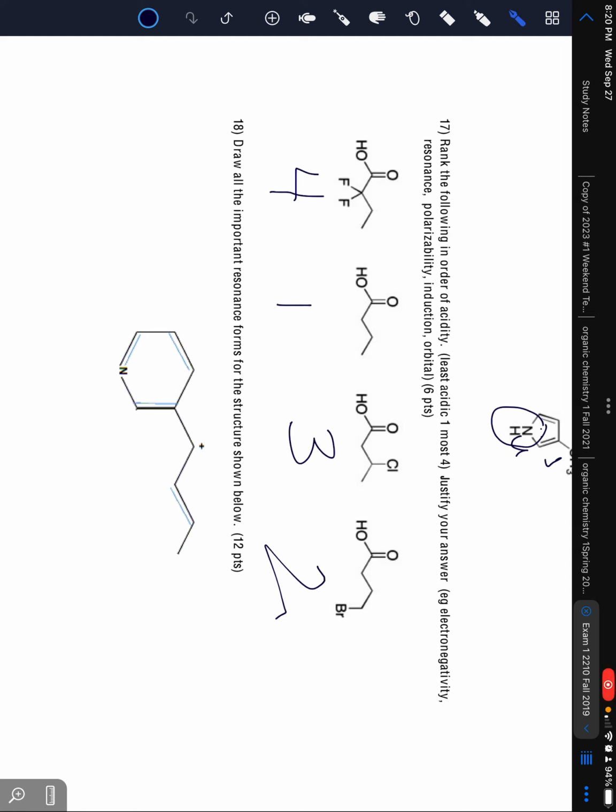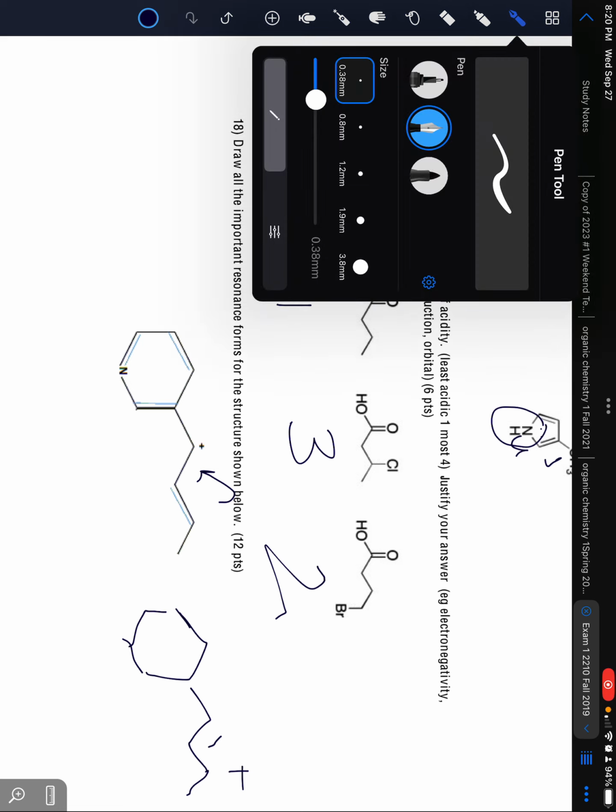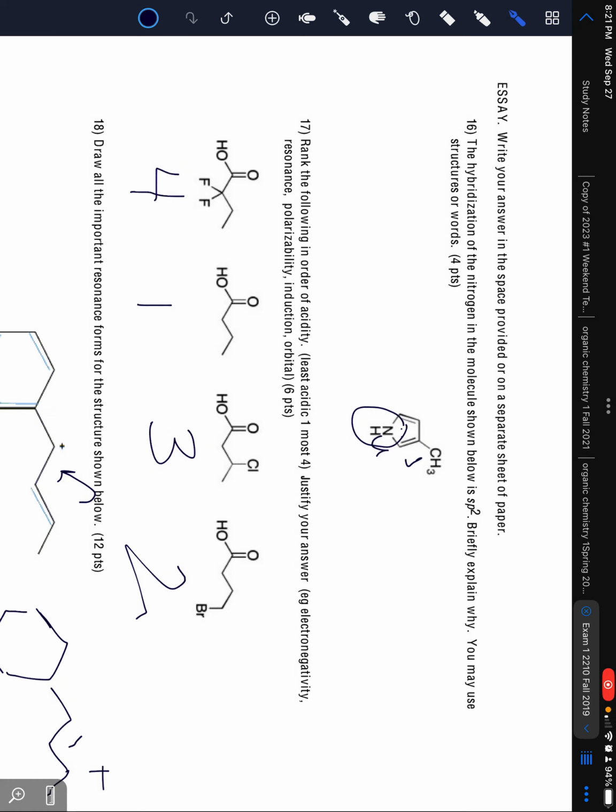Here you have resonance, so since it's a cation, you only have to move one thing. Plus, and then if I can get a different color.